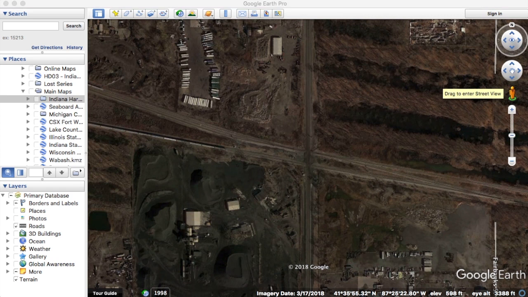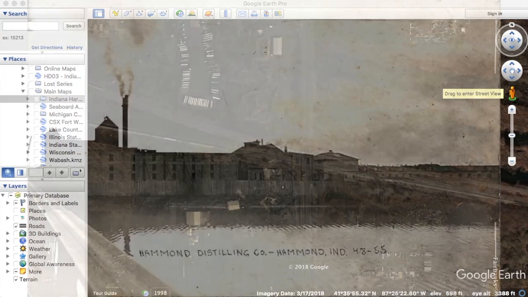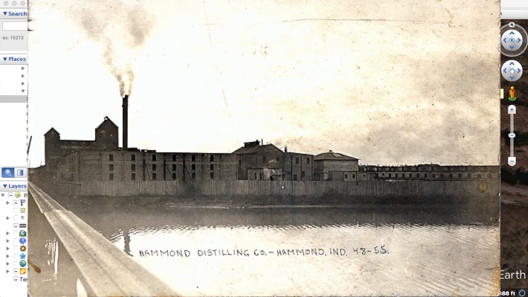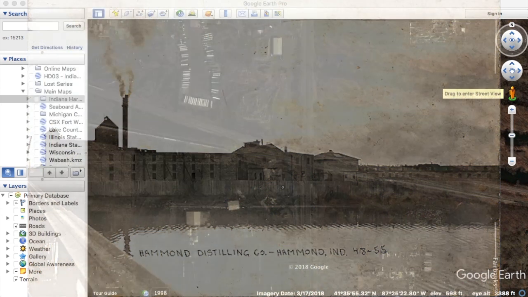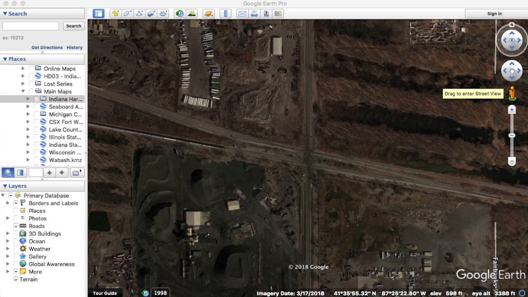And I believe that the circus grounds at that time for Hammond was located on the grounds of the Hammond Distillery, which would have been located on Calumet Avenue and 150th Street in Hammond. I believe that the distillery was closed in that year because of Prohibition, but I'm not sure if the distillery was closed during the time of this accident or not.